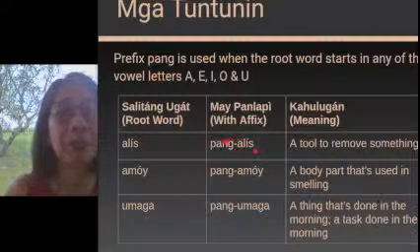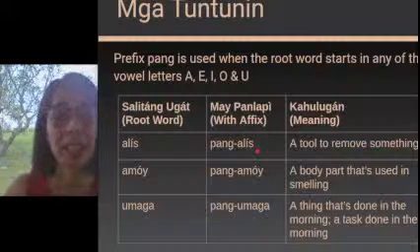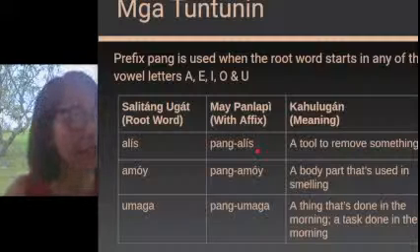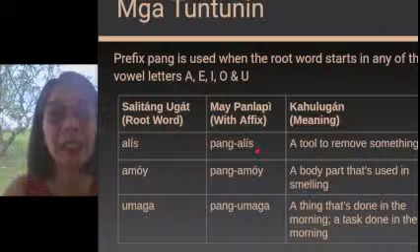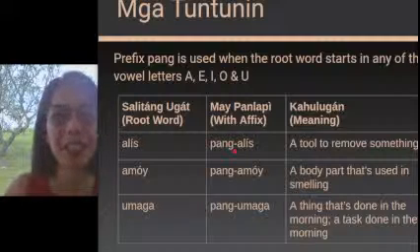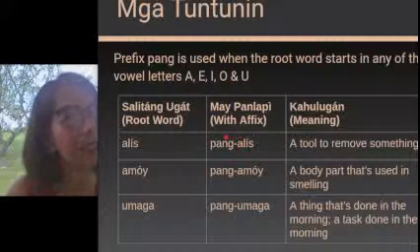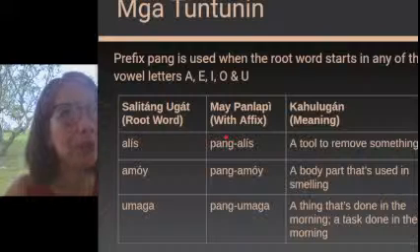Dagta, I think that's sap in Tagalog. Pang-alis ng dagta, calamansi. Pang-alis ng amoy, suka. Suka is vinegar, an agent to remove odor.